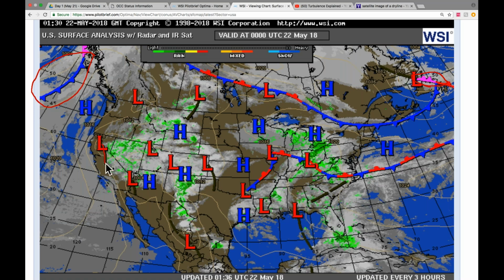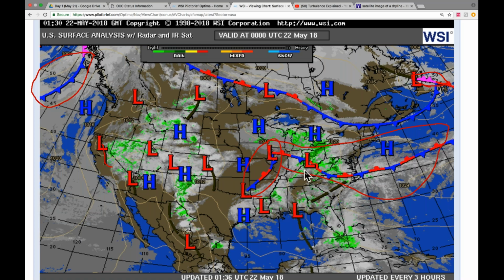So remember that these troughs are elongated areas of low pressure. Okay. What is this called right here? What is that frontal system? You can see it all along here. Stationary front. Okay. So what is a stationary front doing?